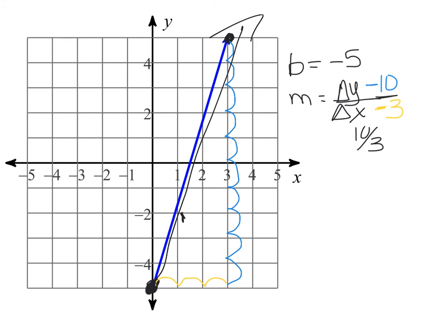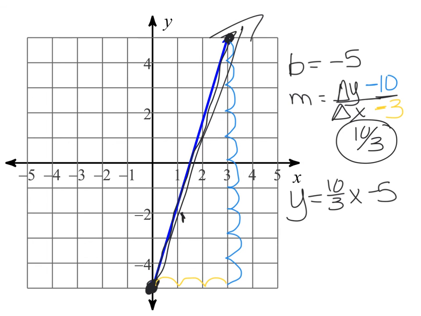When you're looking at a line, always start on the left side and follow your pen on the line to the right, and it's going up. So that means it's a positive slope, which we do have a positive slope. And the equation would be y equals 10 over 3x minus 5.